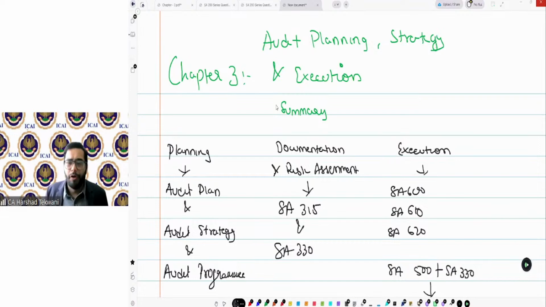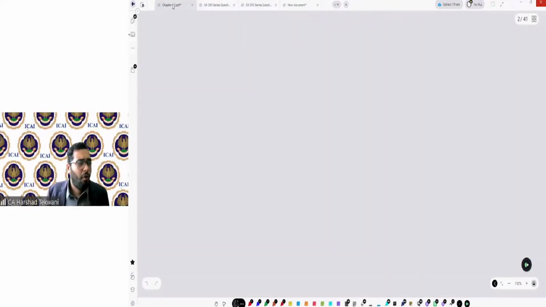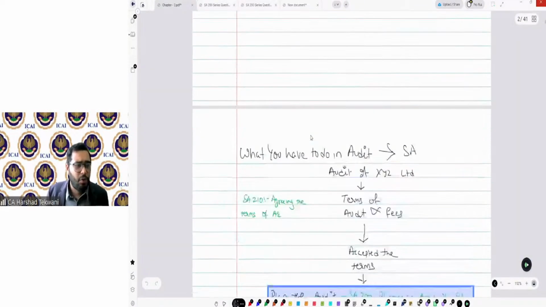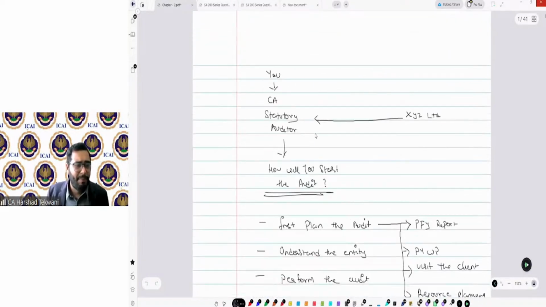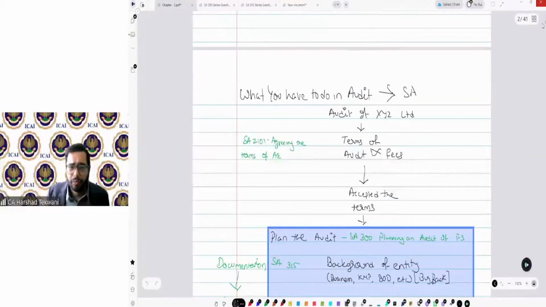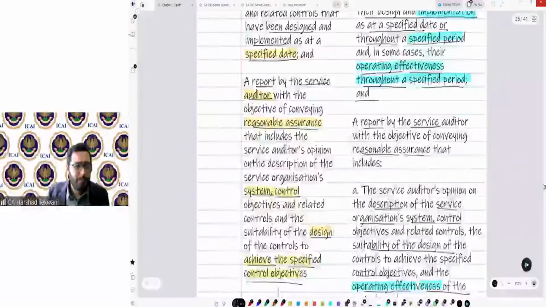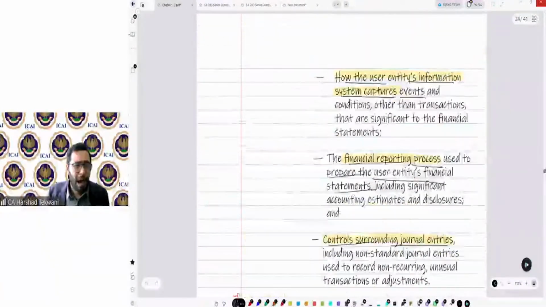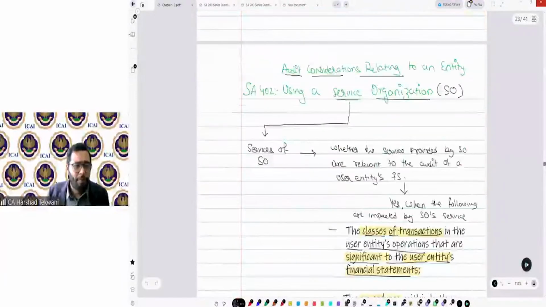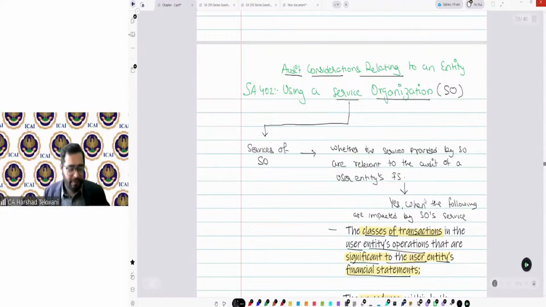That is very, very important for you guys. Whatever I have discussed now, whether it's chapter 3 or chapter 2, whichever SA it is, let's say, for example, SA 402, then what we have discussed and how it is important from the topic point of view, you need to revise it after the lecture itself.